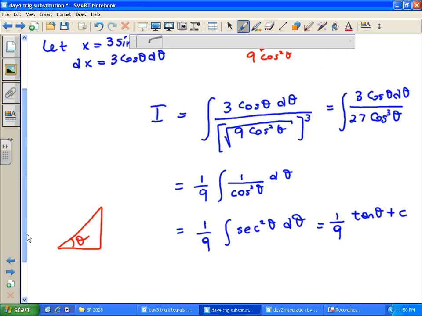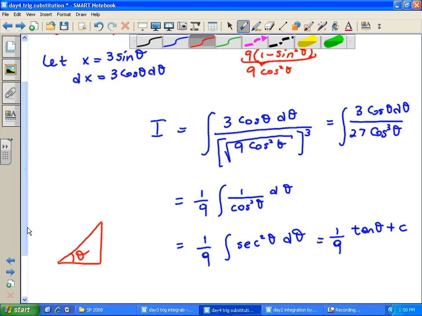So this is where we must go back to the original substitution, right? Let x be 3 sine theta. From there, we know that x over 3 is equal to sine theta. So I will label the sides of this triangle as opposite over hypotenuse as x over 3. Opposite over hypotenuse.